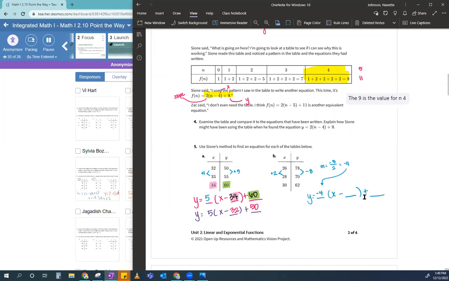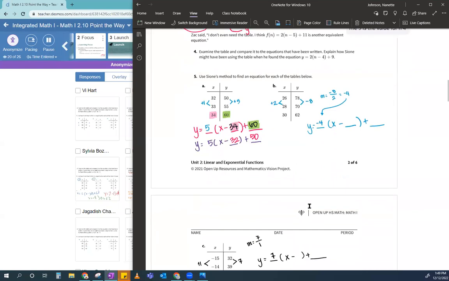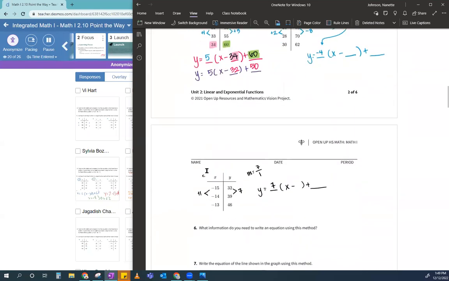So what point would you like me to use here? Someone says use the first one. Okay, fine. I'll put a 26 here and I'll put a 78 here. Now look, your equation doesn't have to match my equation, because there's 3 points to choose from, right? Again, which point would you like me to use here?